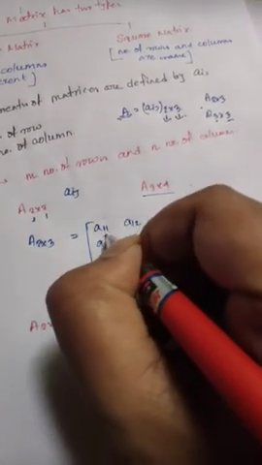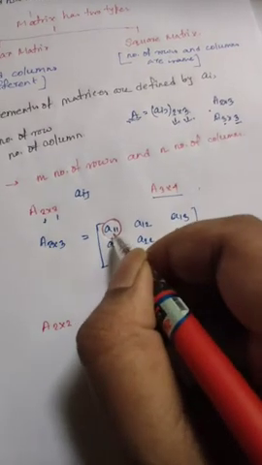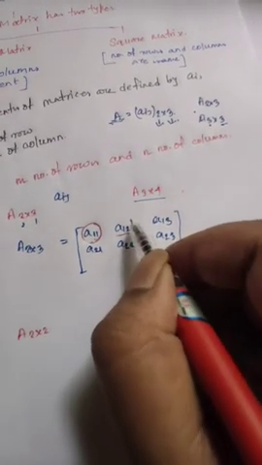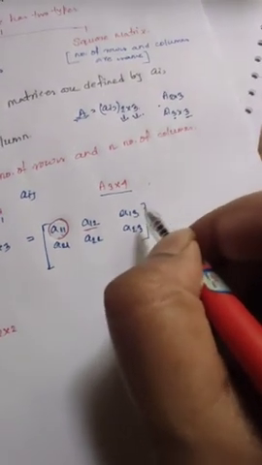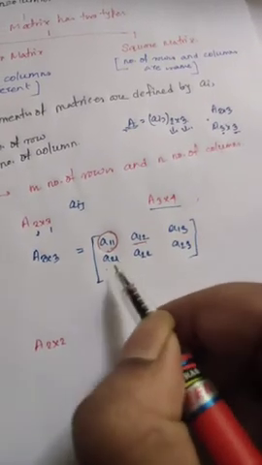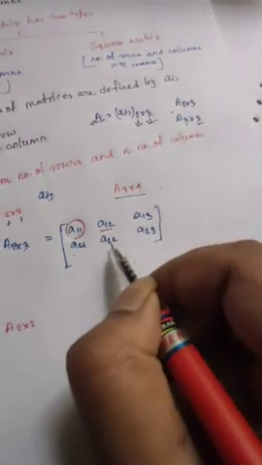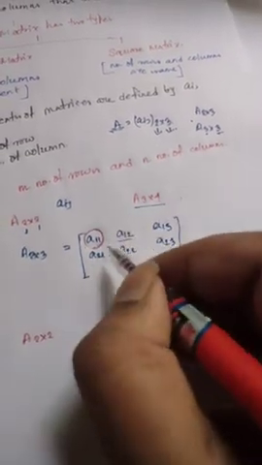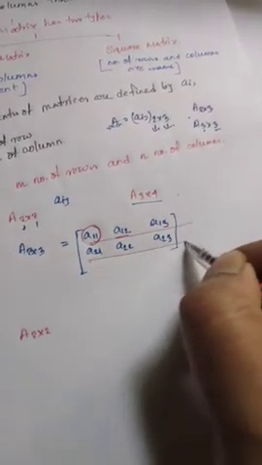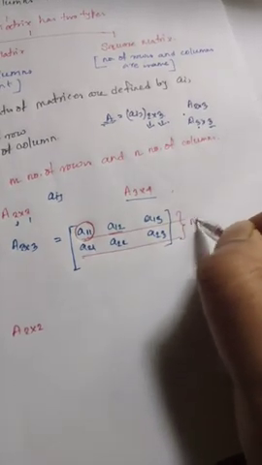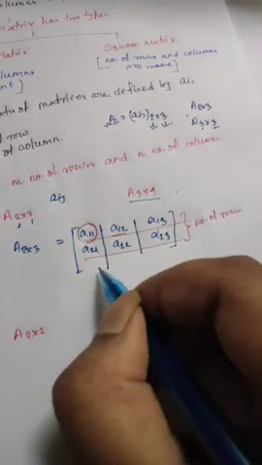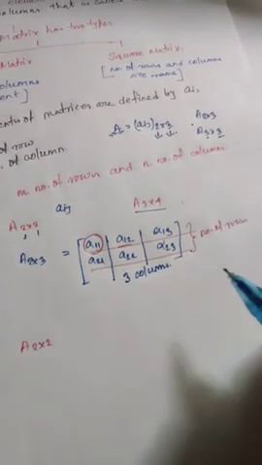Here a11 is the element of the first row and first column, a12 is the element of first row, second column, a13 is first row, third column, a21 is second row, first column, a22 is second row and second column, and a23 is second row and third column. So there are 2 rows, and going across 1, 2 and 3, there are 3 columns. I hope you understand.